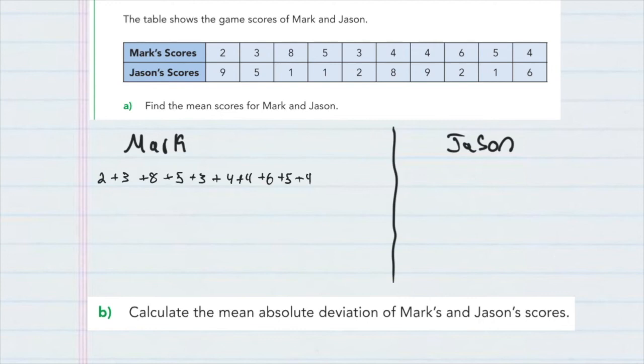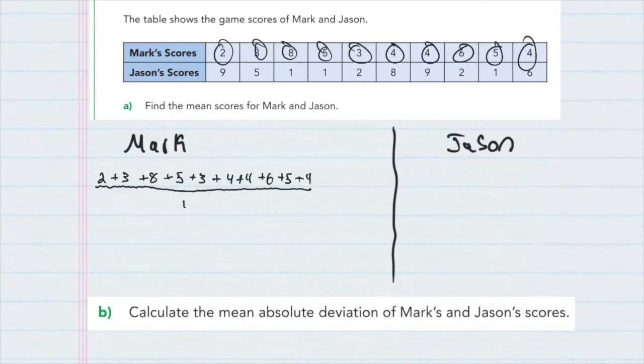And I should have 1, 2, 3, 4, 5, 6, 7, 8, 9, 10 numbers. So I'm adding those up and dividing by 10. So 44 divided by 10. So the mean for Mark is 4.4.